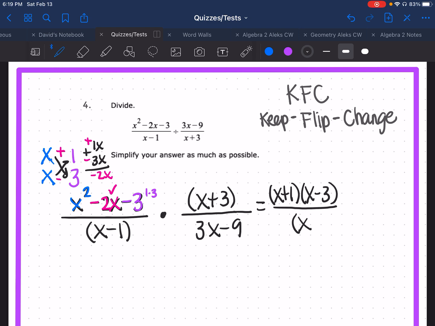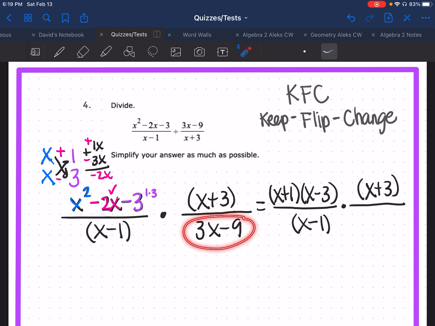And I already have this x minus 1 in the denominator. All right, I have x plus 3 in the numerator. And let's take a look. 3x squared, 3x minus 9, 3x minus 9. If you notice what their GCF is, great, but if you don't, think about it this way.